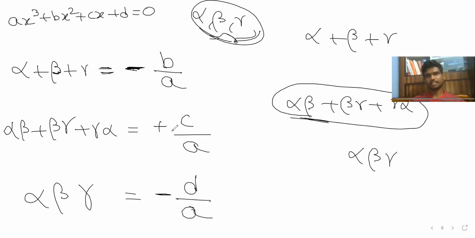One thing is sure that it comes alternating, starting with minus. That is the sign. So if it is alpha plus beta plus gamma plus delta, we will again use minus b by a. That's why I told you it is minus the coefficient of the power one less than the degree.